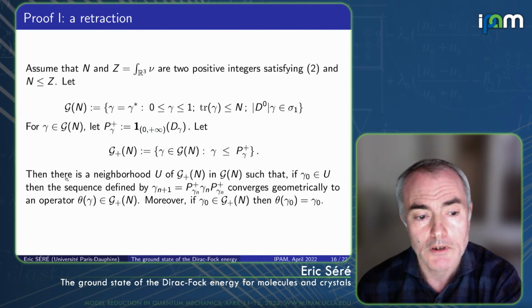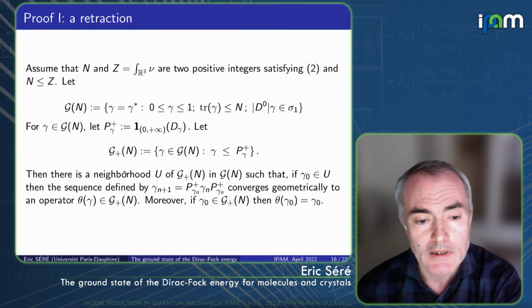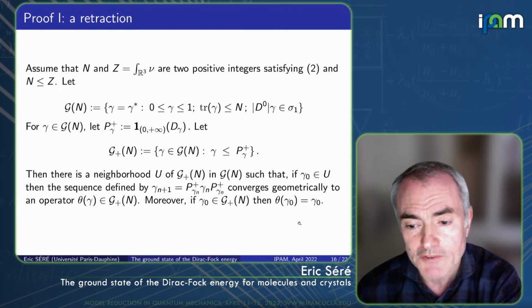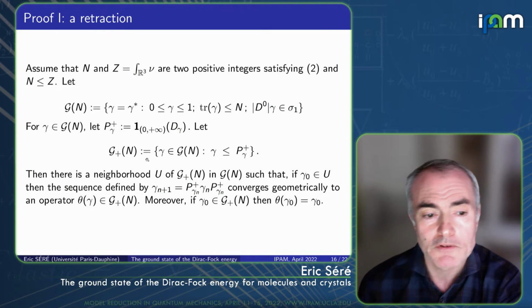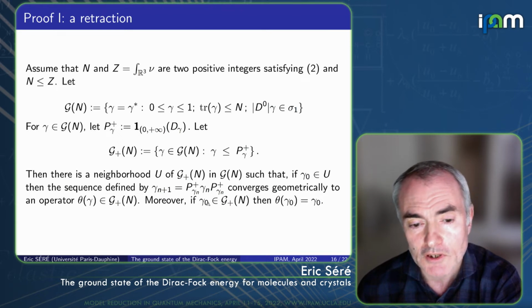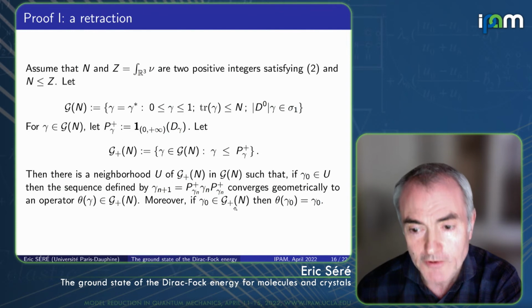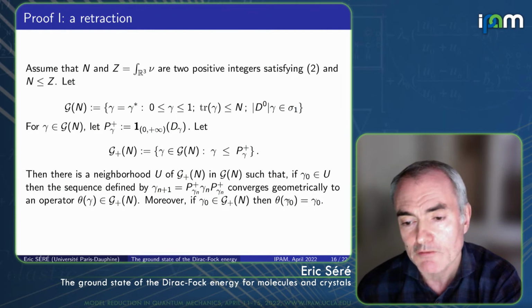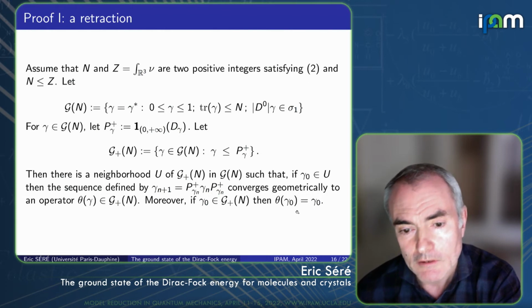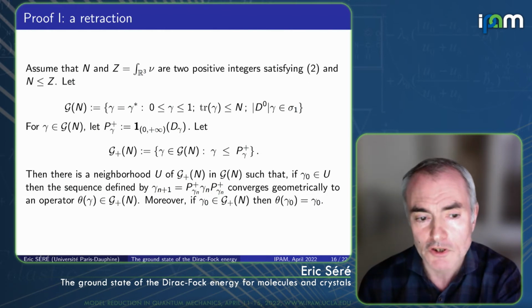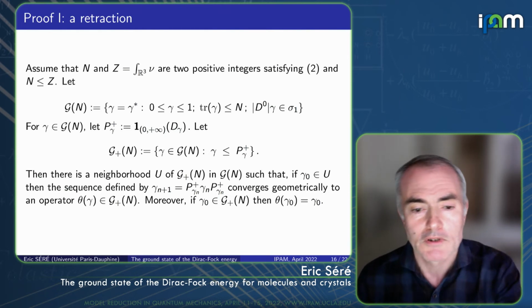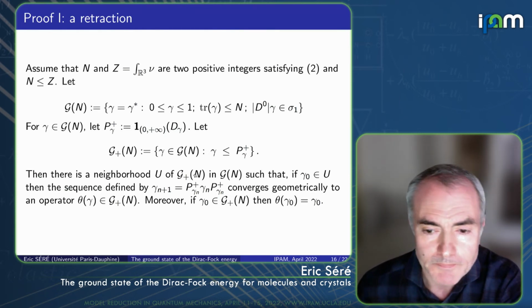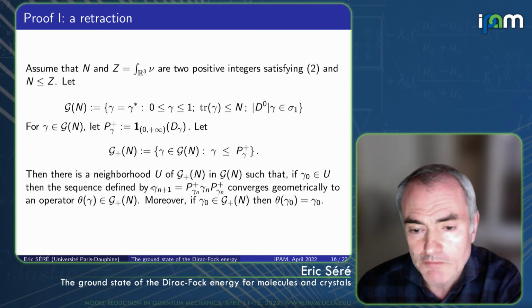But what I can do, I can find a mapping theta, which to any point in the neighborhood of G plus associates another point in G plus. And this map theta is such that if you start from a point in G plus, then theta of that point is itself. So G plus is made of fixed points of that mapping. And now this mapping, this retraction of a neighborhood of G plus onto G plus, is obtained just by an iterative procedure.